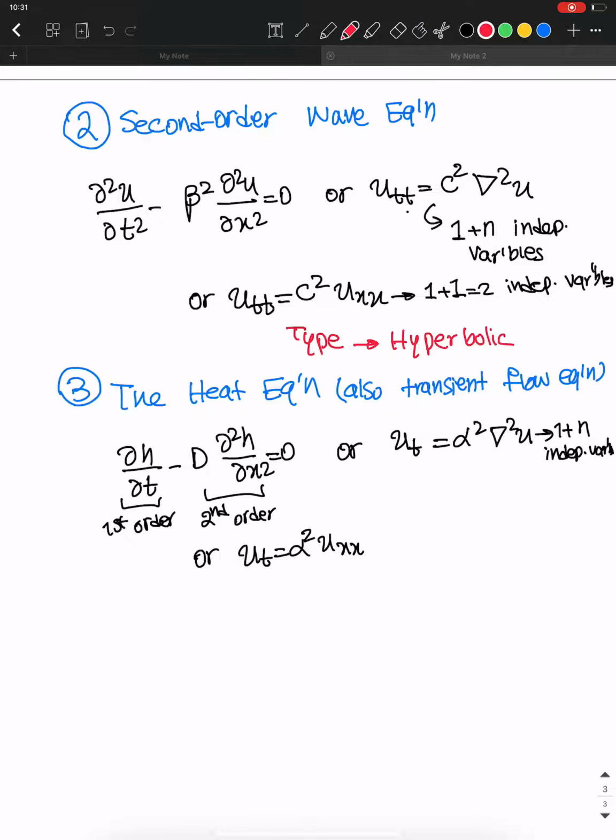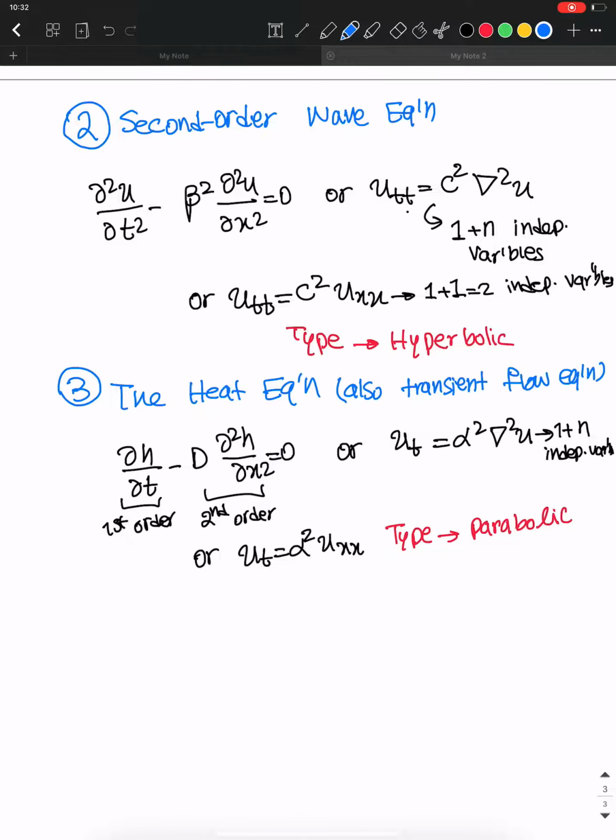The type of this equation is parabolic, and I'm going to come back to what this means. This is known as the heat equation, how heat spreads, and it's very important.